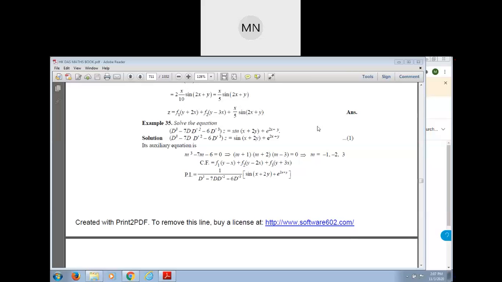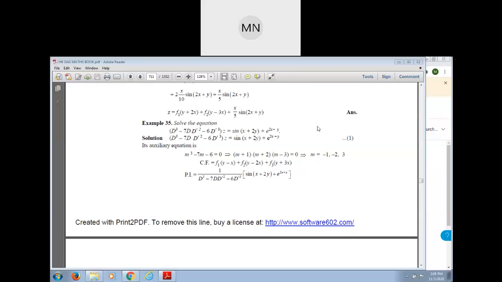There are these three methods which help us to find PI. Today I want to discuss some problems which are a combination of trigonometric and exponential functions. Here see example number 35.